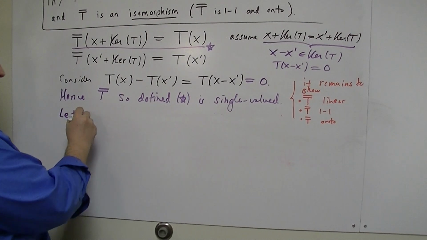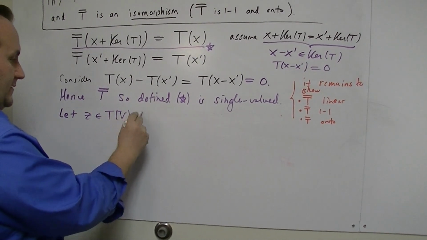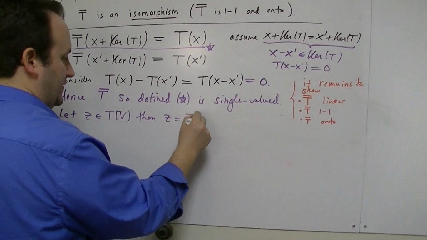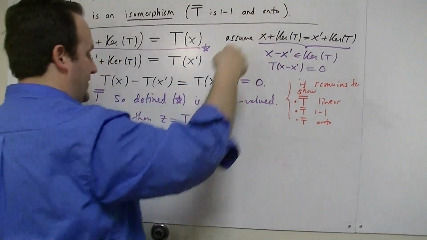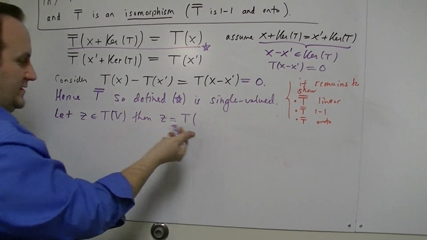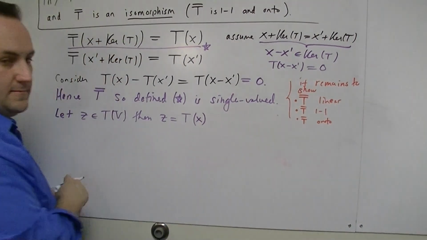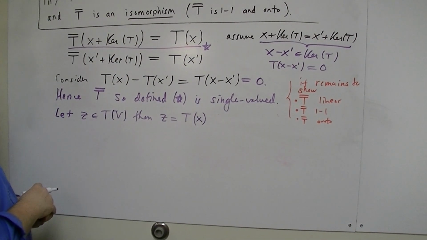So let z be an element of T of V. Then by definition, z is equal to T of something. The codomain is T of V, the image of T under V, so it's got to be some x in V. So how do I show that T bar maps to that?